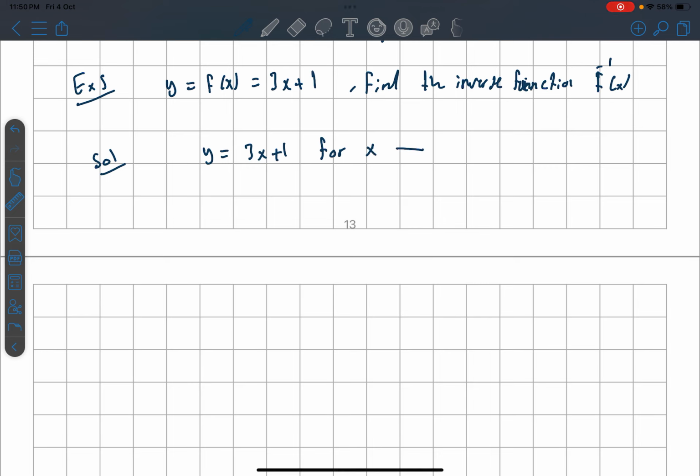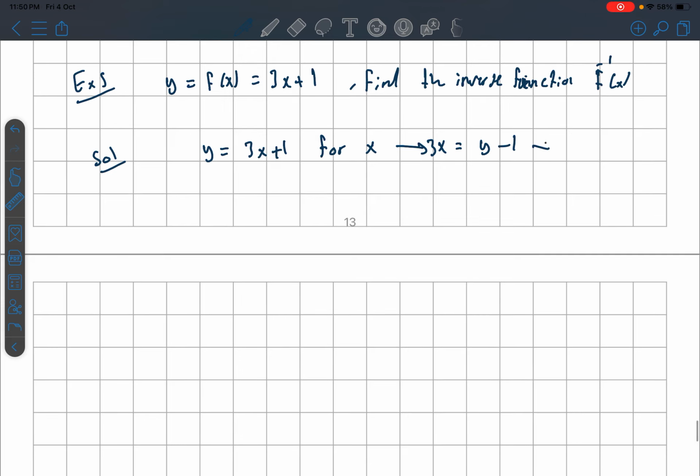I mean, let's take x equal y, 3x equals y minus 1, and let's divide it by 3, so x equals y minus 1 over 3.